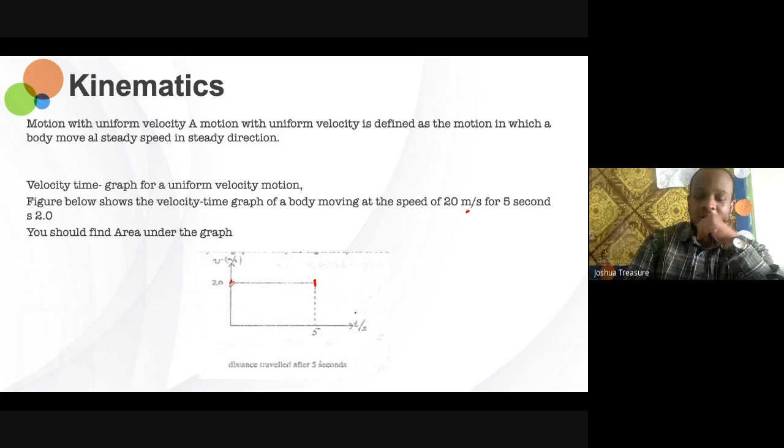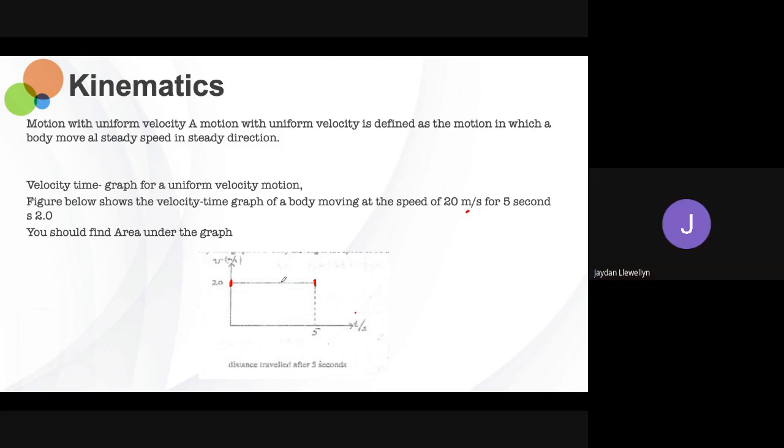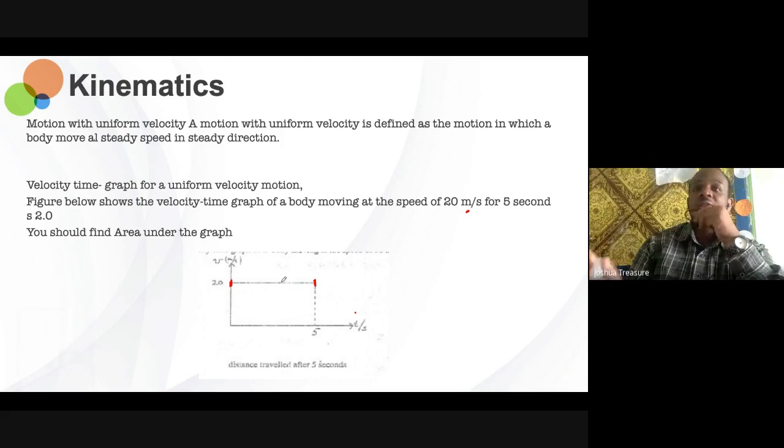Now, is this object accelerating? No, sir. Exactly. So it's not acceleration. Is everyone seeing that? Does anyone disagree, or anyone not understand why it's not accelerating?